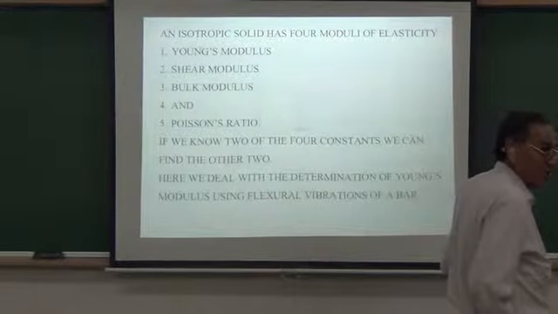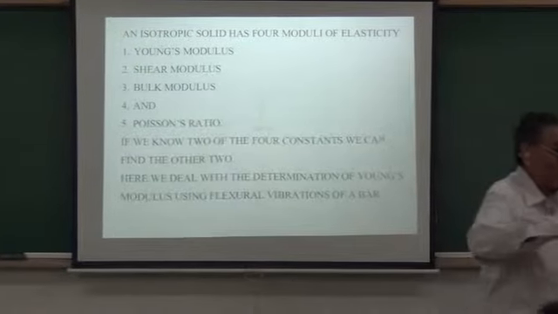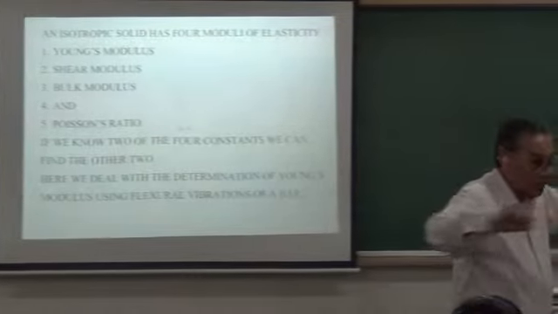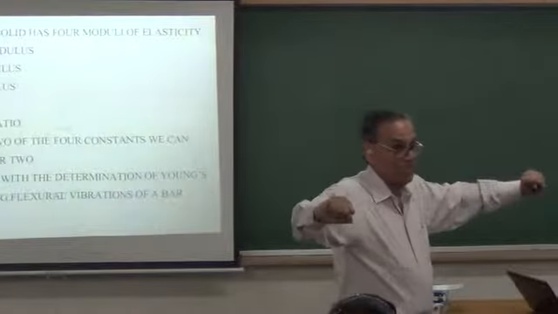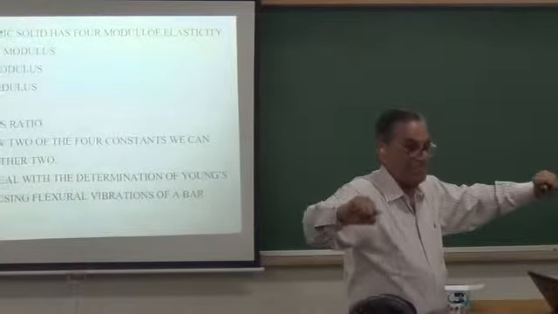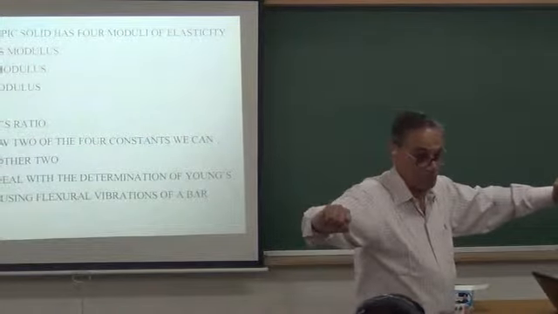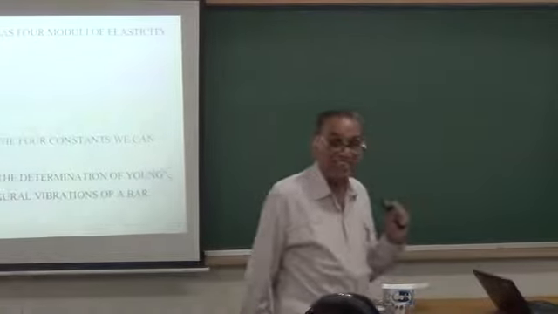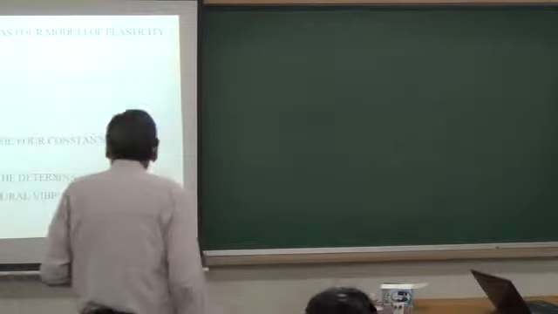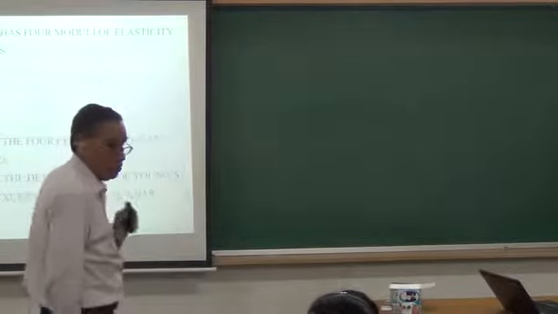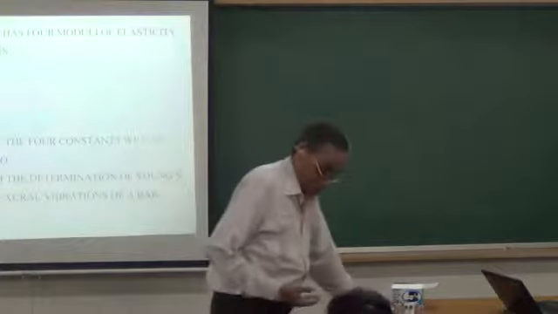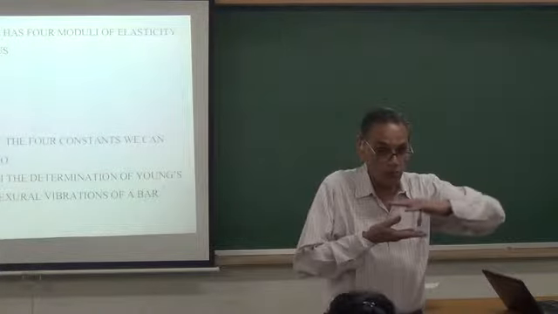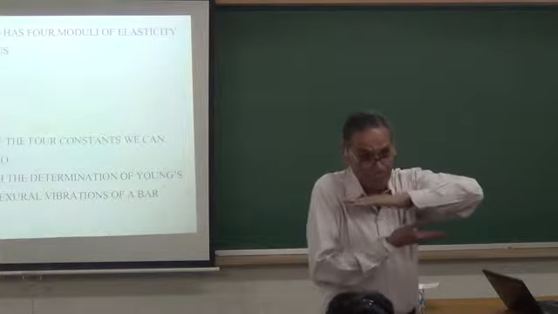The Young's modulus: you take the length of the material, you increase the length by applying a longitudinal stress, then you find the longitudinal stress divided by the longitudinal strain, that is the Young's modulus. The next one is the shear modulus. Here you take a material, it may be a cube, then you apply a shearing force.